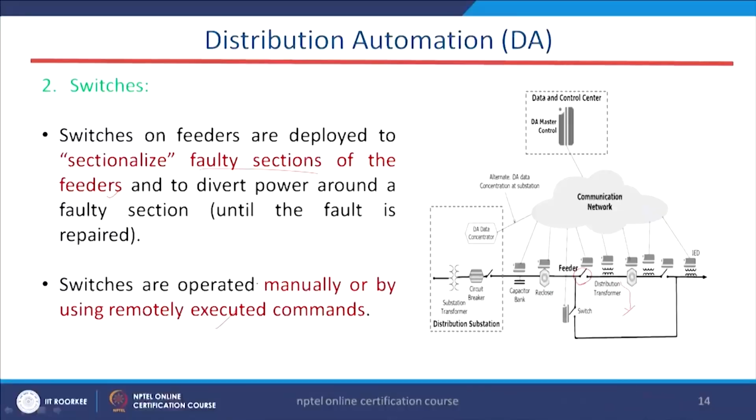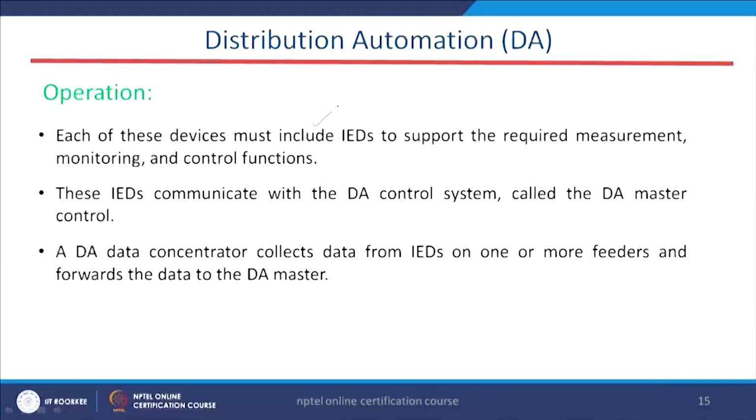The switches are operated manually or by remotely executed commands, as I said before in the recloser's case. Similarly, in the smart grid system our technology should be so fast and so automatic that we operate these switches automatically. Now, this is how, with a few points I have written, distribution automation operates.